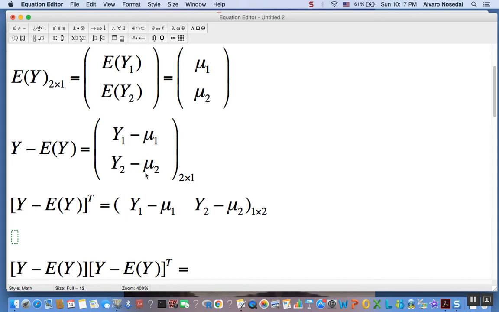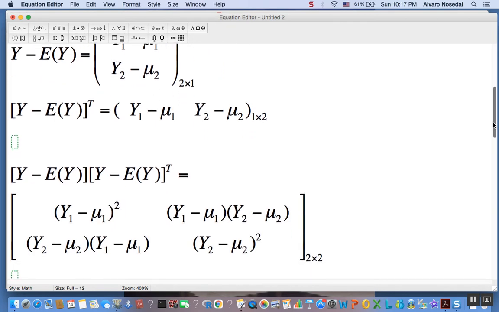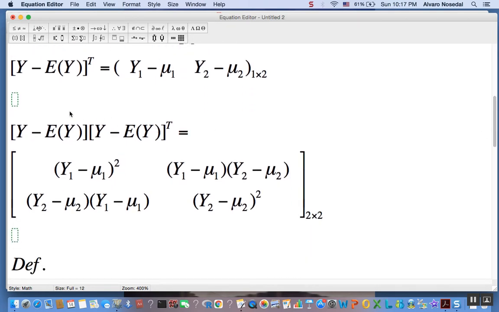We would have 4 elements as well in this vector of differences. When we computed this product, y minus its expected value times y minus its expected value transpose, instead of having a 2 by 2 matrix, we would end up with a 4 by 4 matrix.